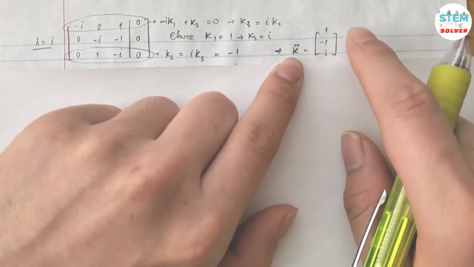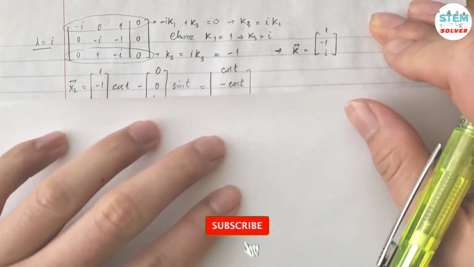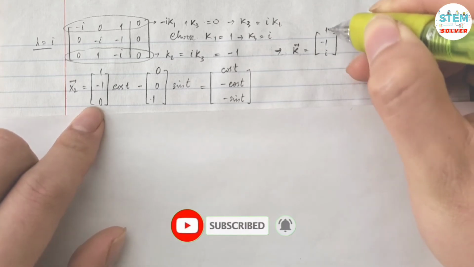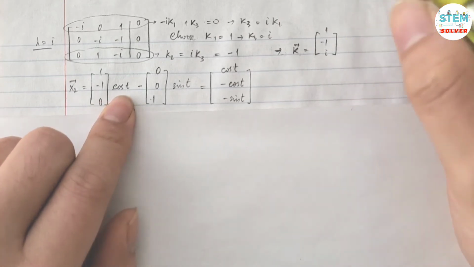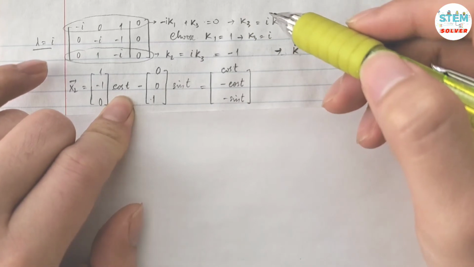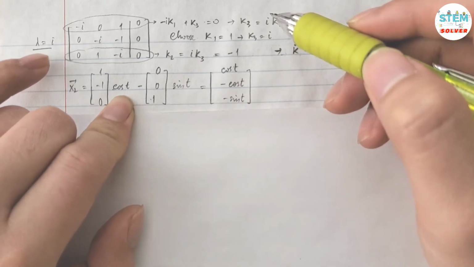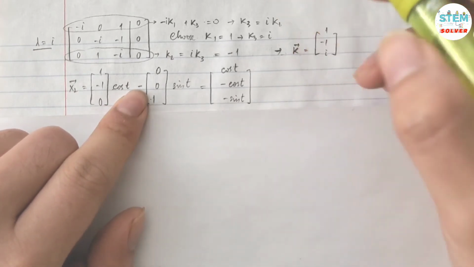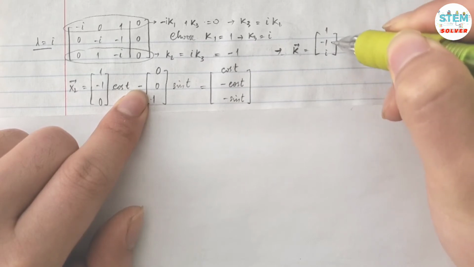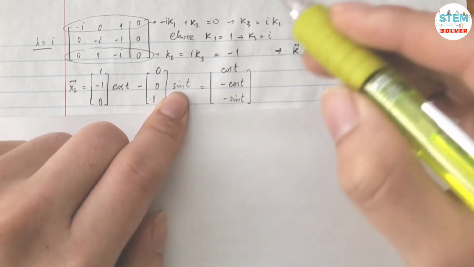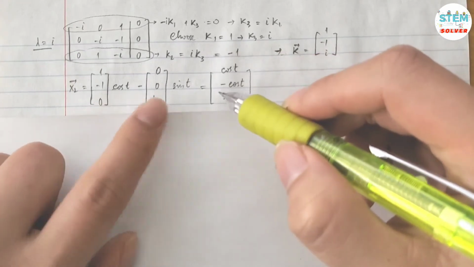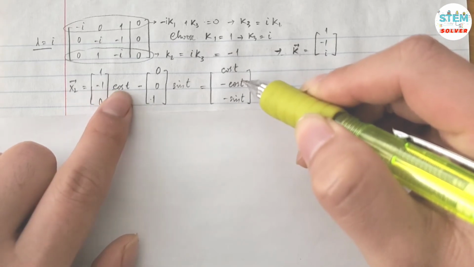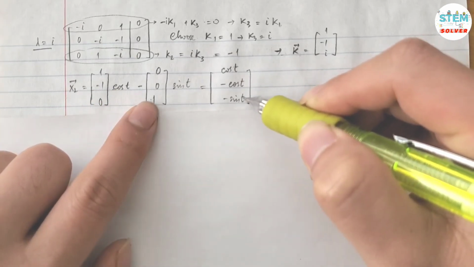Then my vector k is (1, negative 1, i). Then my x2 is equal to the real part of vector k, which is (1, negative 1, 0), times cosine of the imaginary part of lambda, which is 1, so cosine t, minus the imaginary part of vector k, which is (0, 0, 1), times sine t. You can combine these two together, which gives you cosine t, negative cosine t, and negative sine t.